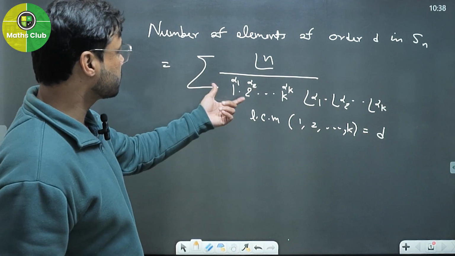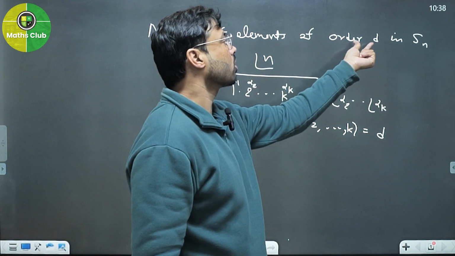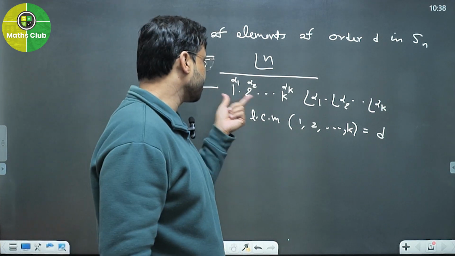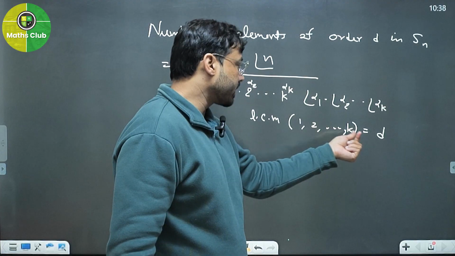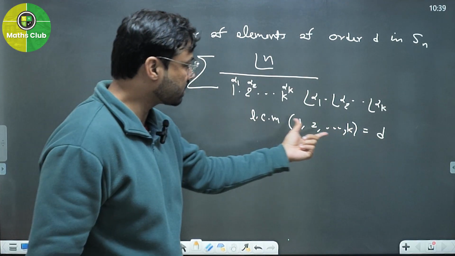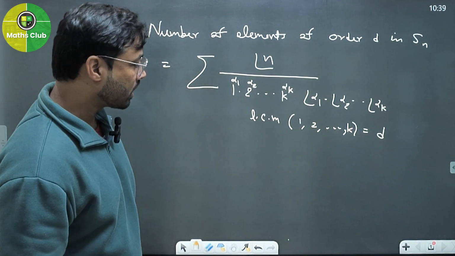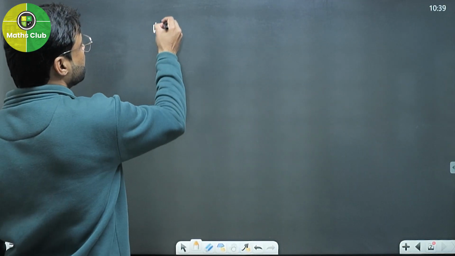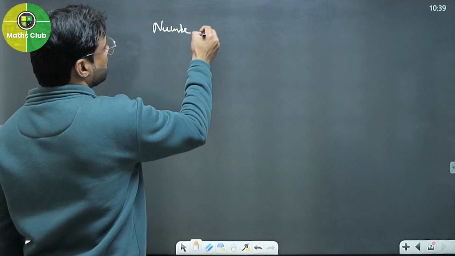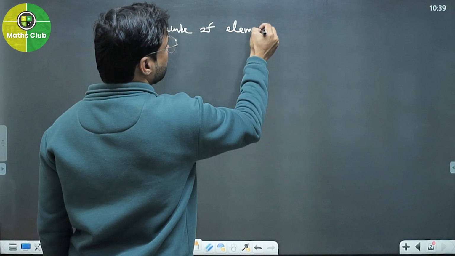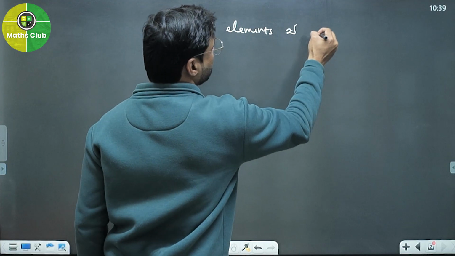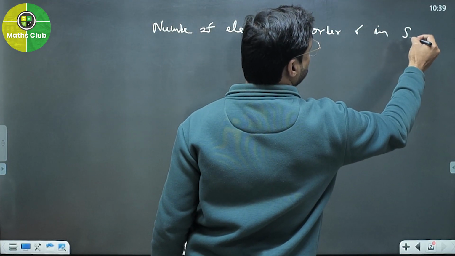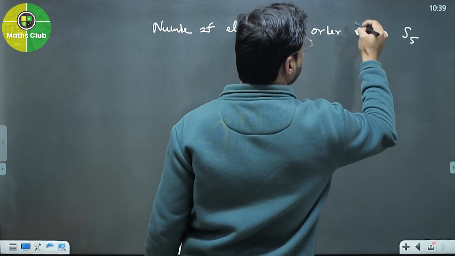So now we are going to use this formula to find the number of elements of a particular order d in Sn. We will explain through an example what we mean by the LCM of 1 to k, such that we get d. For example, suppose we have to find the number of elements of order 6 in S5.